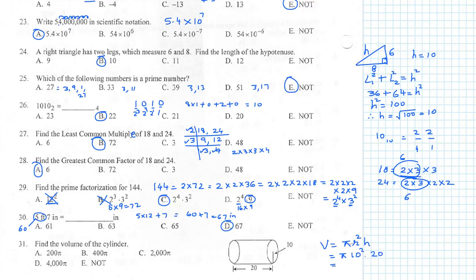Since the answers are given in terms of pi, we need not convert pi into 3.14 or 22 by 7. We can leave pi as is. So pi times 10 squared is 100, and times 20 will make it 2000 pi as the answer. So C is the correct answer.